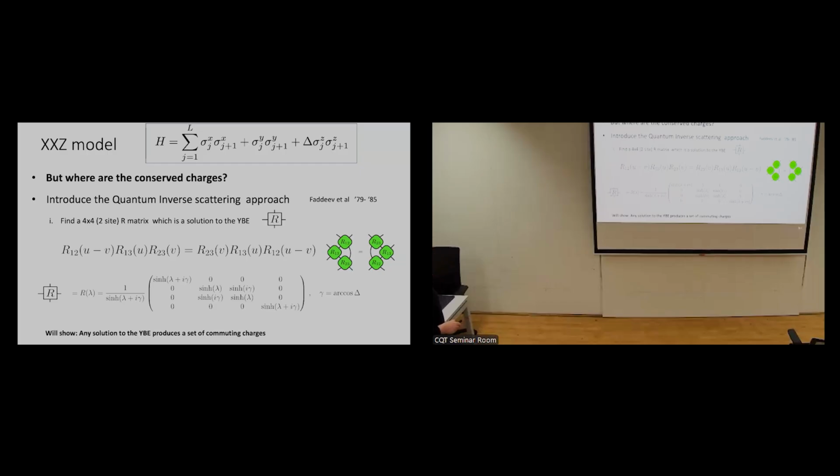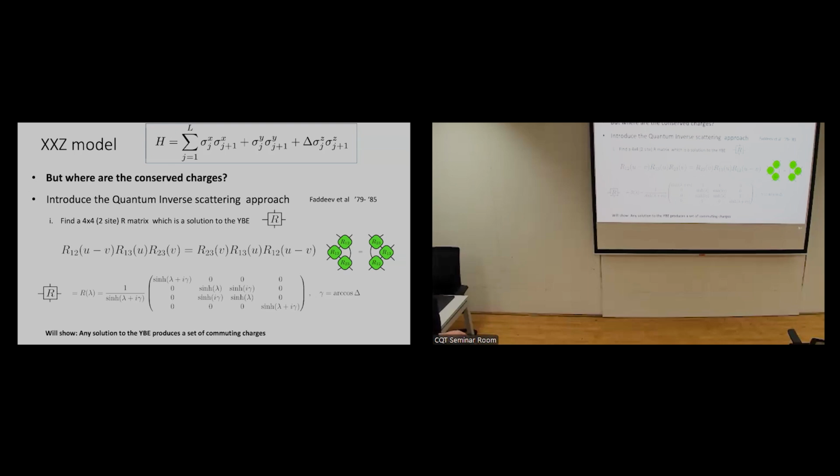So indeed, there is a beautiful solution for the R matrix, which satisfies this nonlinear equation. It's given by this expression, sinh(lambda plus i gamma), sinh, and so on and so forth, where gamma is related to the anisotropy.